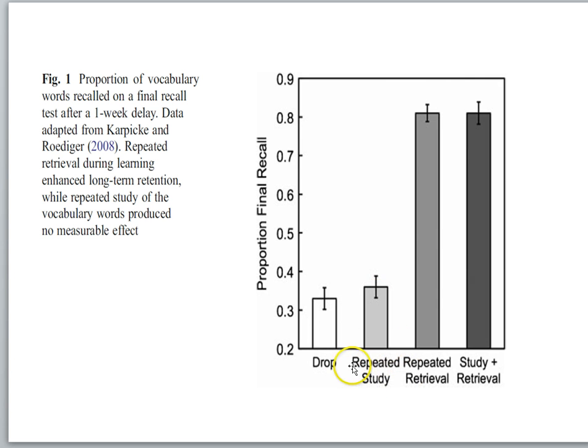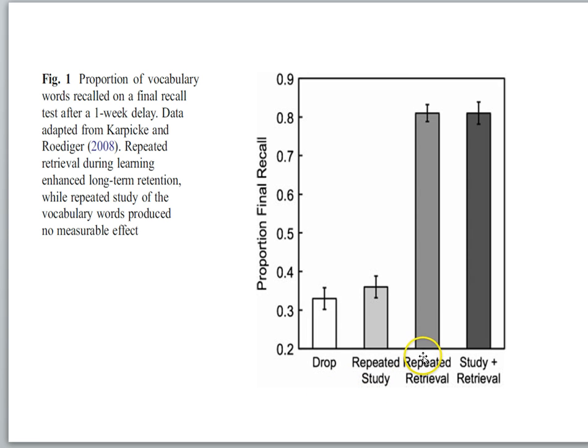Importantly, there is no opportunity in this condition to practice retrieval. So not much benefit to repeated study in this type of situation. Remember, all the words were accurately retrieved once, and then the students were assigned into these groups.